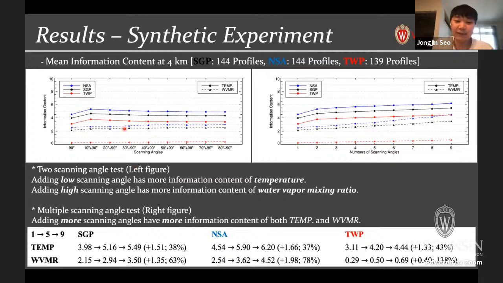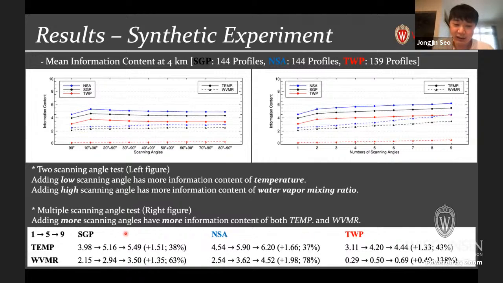In the left figures, we can see that adding low scanning angles has more information content of temperatures, and adding high scanning angles has more information content of water vapor mixing ratio. And also, adding more scanning angles has more information content of both temperature and water vapor mixing ratio.